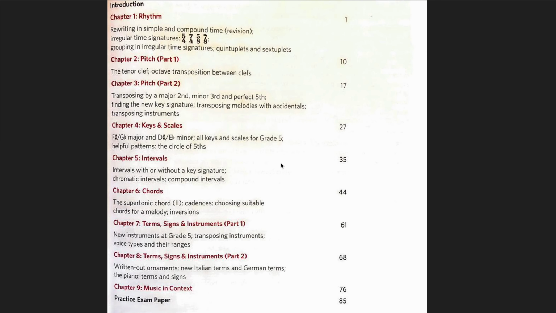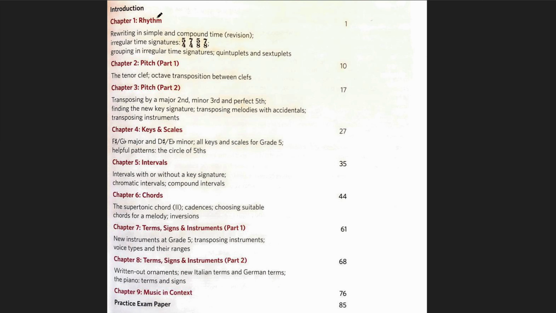So introduction, and chapter 1, that's part 1 that we're going to look at today, is rewriting in simple and compound time, which is revision from previous grades, or if you're going straight to grade 5, it's not really a revision. And grouping in irregular time signatures, quintuplets, sextuplets, and 5/4, 7/4, 5/8 and 7/8. So that's what is in chapter 1.